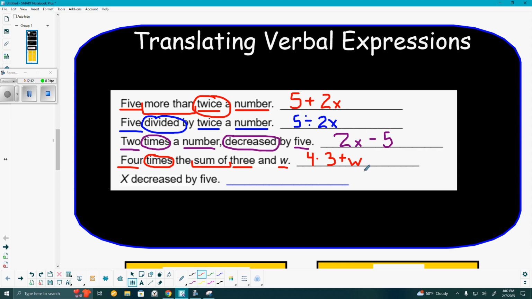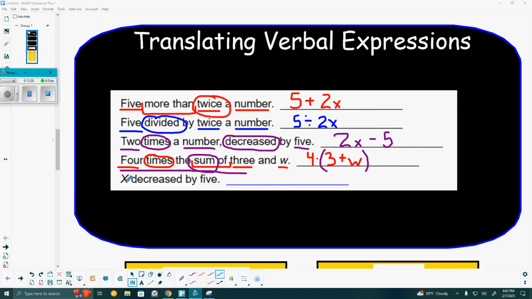If we solve this in order, parentheses, exponents, multiply and divide, we would be doing 4 times 3 first. But it's not 4 times 3, it's 4 times the sum of 3 and w. So there's something we have to put here to make sure that the sum happens first. The way we do that is we do parentheses. Now, in PEMDAS, you would do parentheses, exponents, multiply, divide, add, subtract. Just like that.